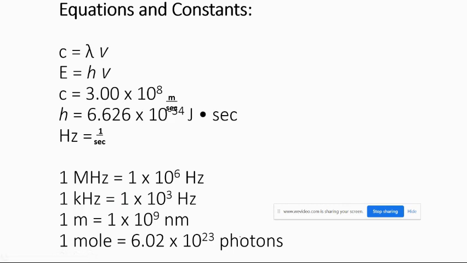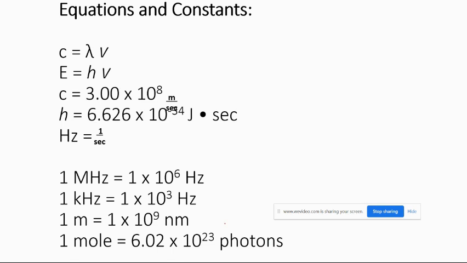One of the other things that you're going to need to know about is moles. We have a counting unit called a mole. A mole is 6.02 times 10 to the 23rd of anything. It's just like a dozen, but a dozen is 12. This is 6.02 times 10 to the 23rd.